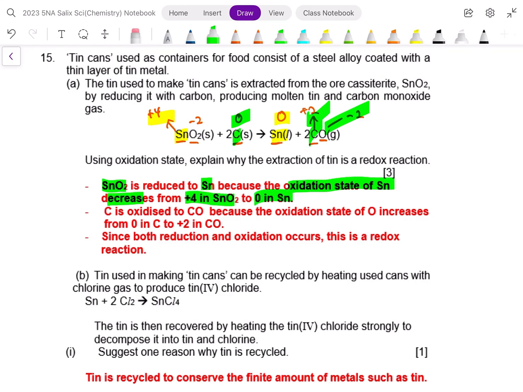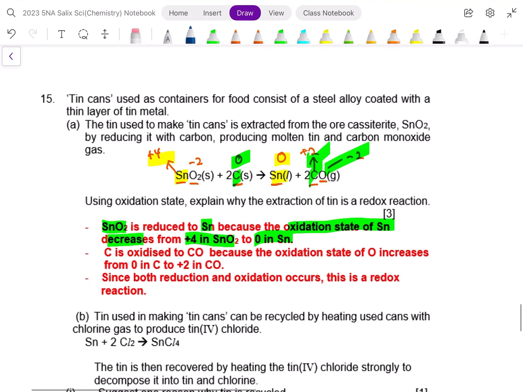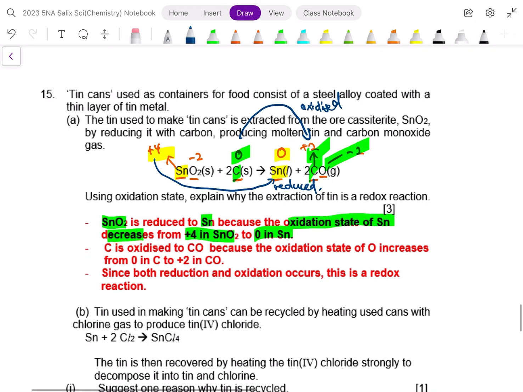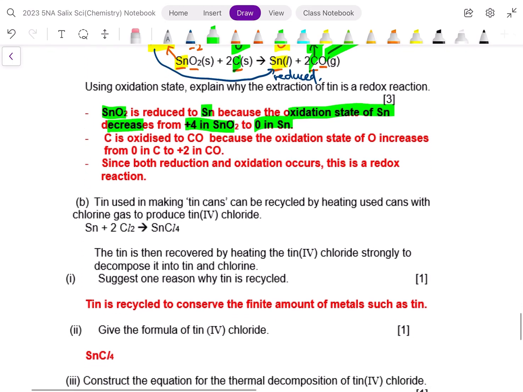Then on the other side, this one is the oxidized part, and this is the reduced part. Then we go into part B.